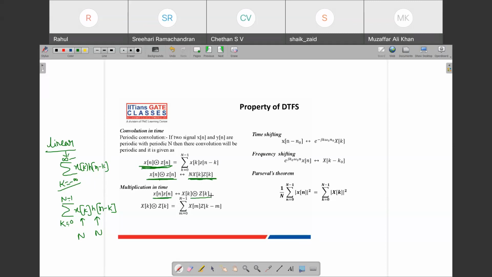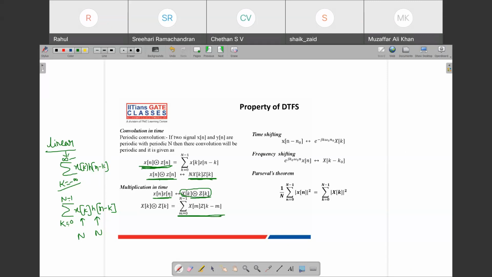The k domain is also periodic. When you calculate X of k for x of n and Z of k for z of n, X of k and Z of k will also be periodic. Because of that, instead of the linear convolution, on the right side we do the circular convolution of X of k and Z of k.